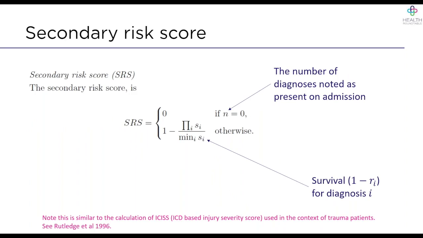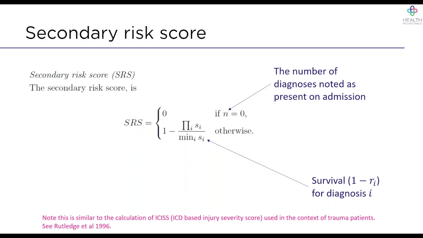If we turn the risk scores into survival scores, so we take 1 minus the risk score, and then we take the product of those scores, just for the remaining diagnoses that weren't used as the diagnosis of maximum risk.